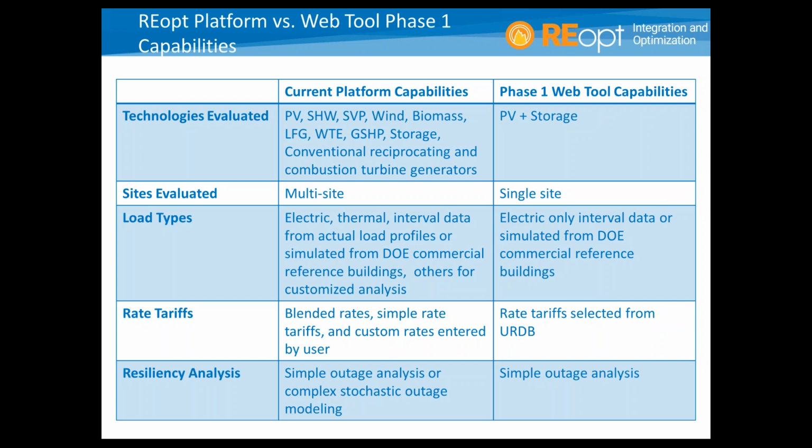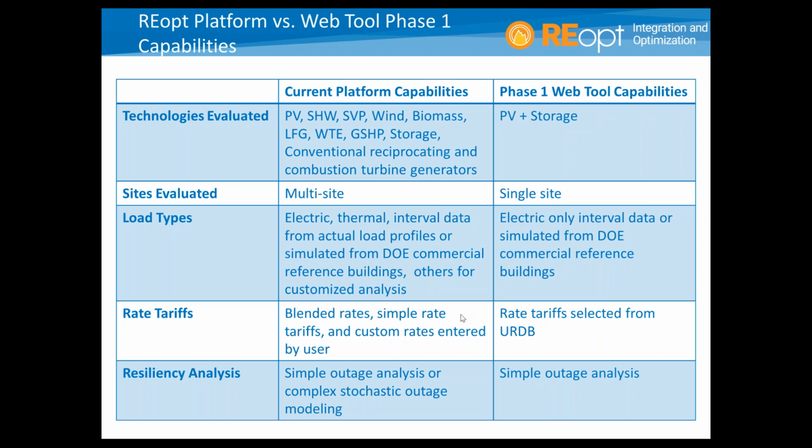And then while the internal REopt model can also look at both electric and thermal and water data, the web tool right now looks at just electric data. And then with the rate tariffs, right now the REopt Lite web tool requires the user to select a tariff that's already been specified in the utility rate database.